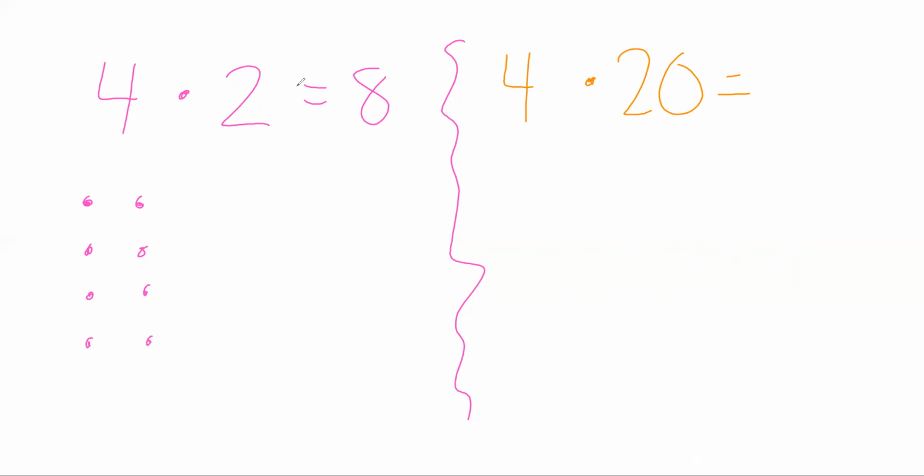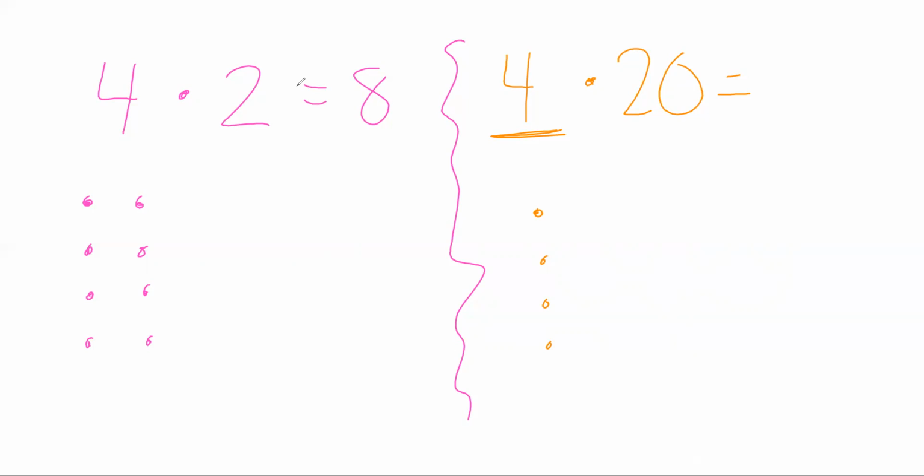So again, I'm going to think about another way I can model this array to help me. I'm going to think about what I know. I know there's 4 ones, and I'm going to use base 10 to model this. So I'm just going to go with 1, 2, 3, 4 ones, because there are 4 rows. And this time in each row, there's 20.